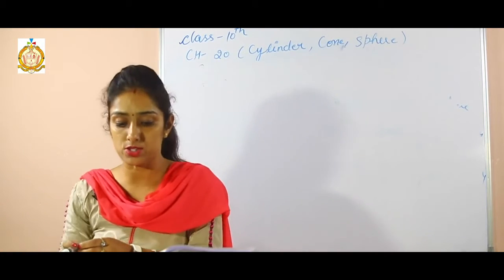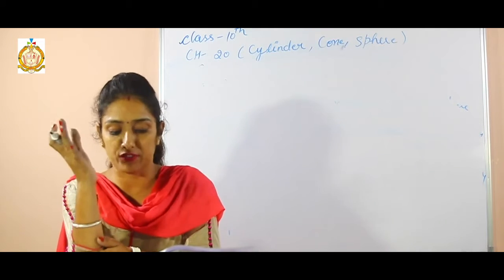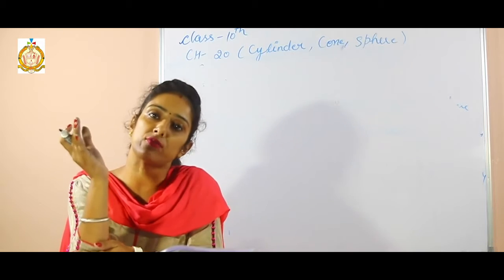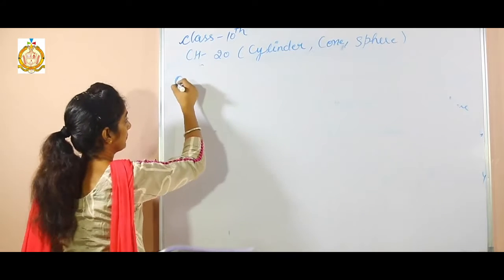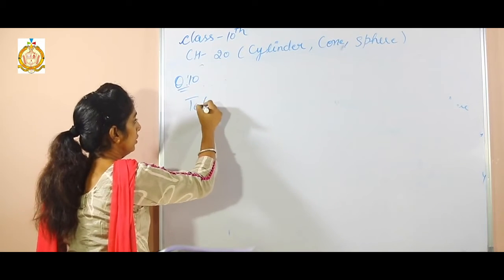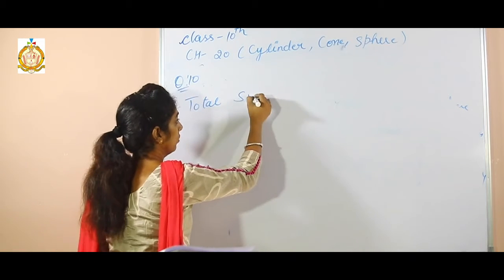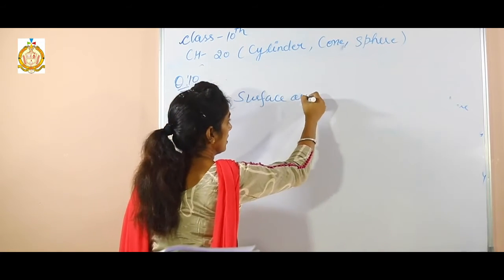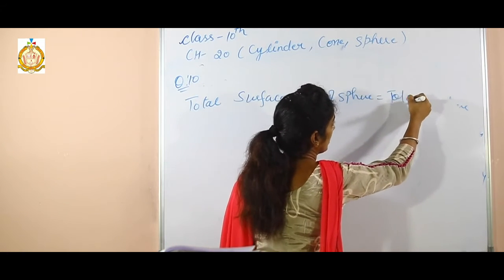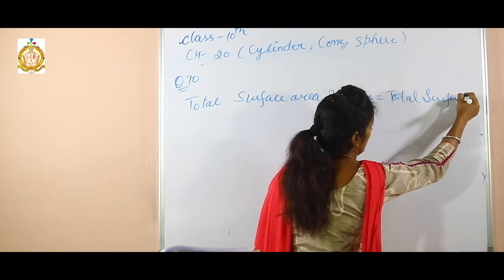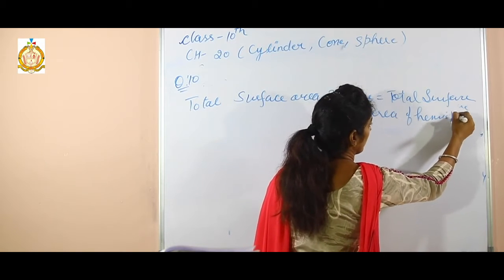A solid sphere and a solid hemisphere have the same total surface area. Means total surface area of sphere and total surface area of hemisphere are the same. Now first of all, the question number is 10. What is given? Total surface area, right? Now total surface area of sphere is equal to total surface area of hemisphere.